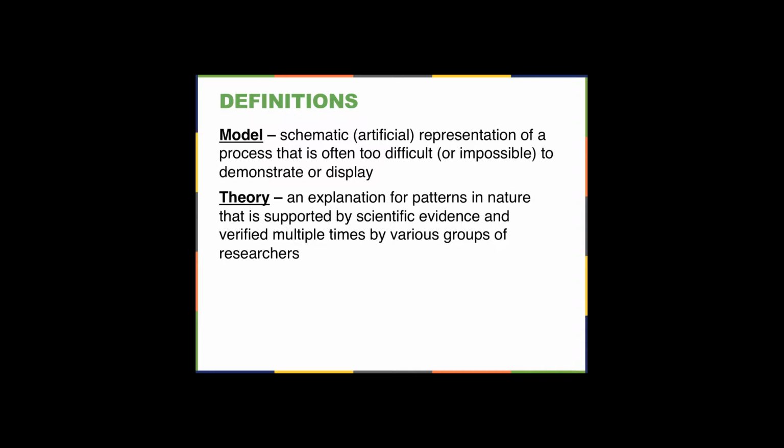For a theory to be accepted in science, it's generally been verified many times by various different groups and various different research institutions. So when you say something is a theory, you're not saying that it's unstable or that it's a possibility. It's a probability.